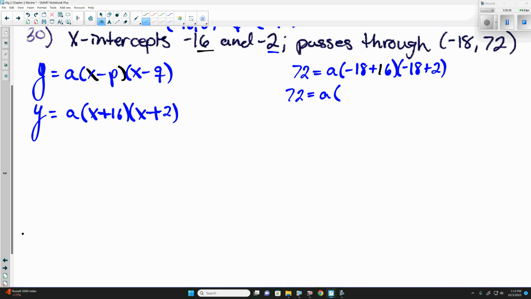Now negative 18 plus 16 is negative 2. Negative 18 plus 2 is negative 16. Now we do need to multiply a, negative 2, and negative 16 together. Well, negative 2 times negative 16 is 32, and we still have a. At this point here, we would divide both sides by 32.